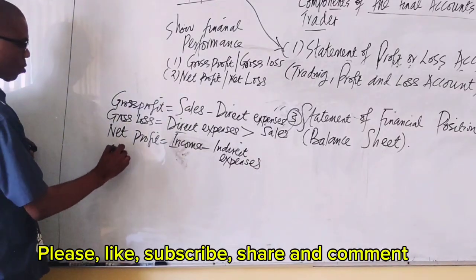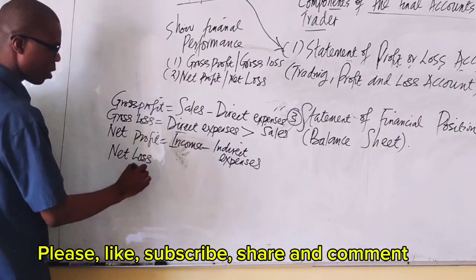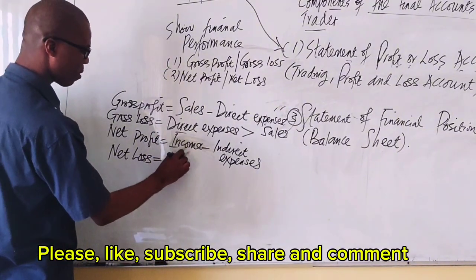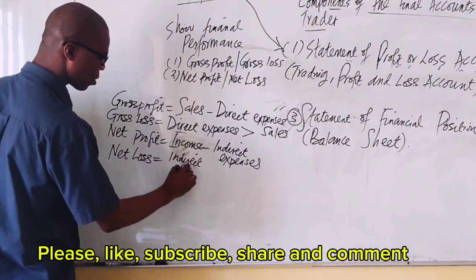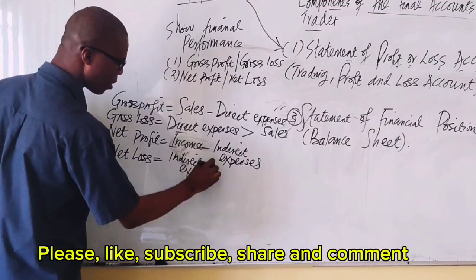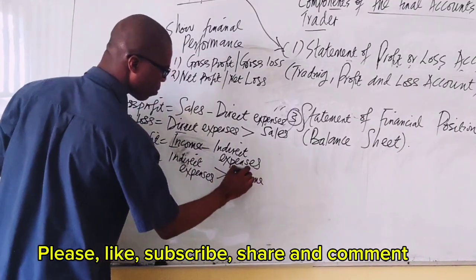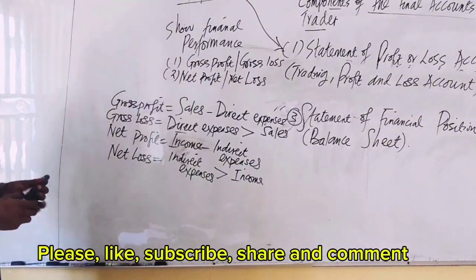Then there is net loss if indirect expenses is bigger than income. So these are the instances.